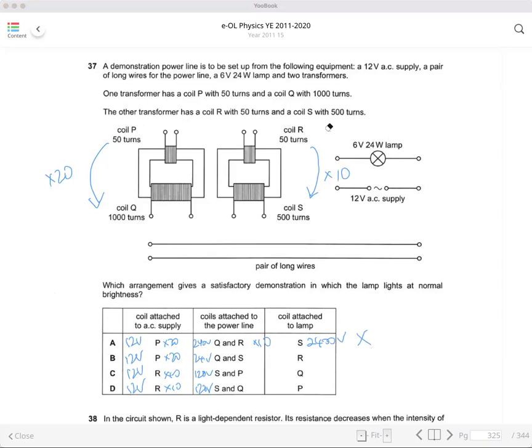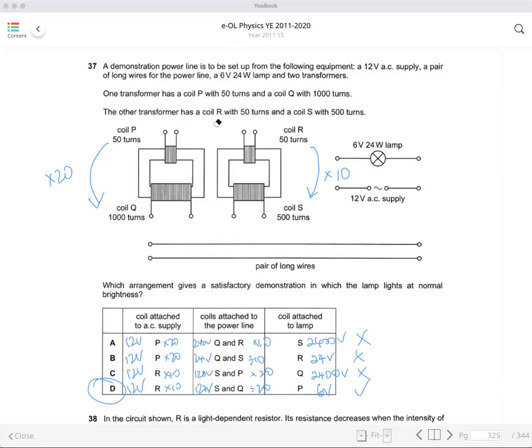Then S to R, I divide by 10, so I get 240 volt, divide by 10, I will get 24 volt. Also wrong. Then P to Q, I times 20. 120 times 20, I get 2400 volt. Also wrong. Then Q to P, divide by 20. So 120 divided by 20, I get 6 volt. My answer is D. So question number 37, the answer is D.